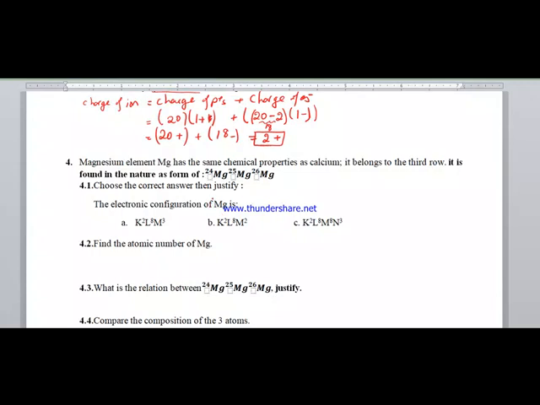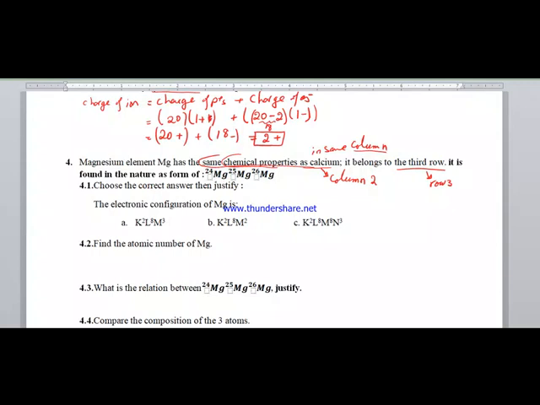This means it is in the same column as calcium. We deduce that it is in column 2 and belongs to the third row. This means it is placed in row 3 of the periodic table.